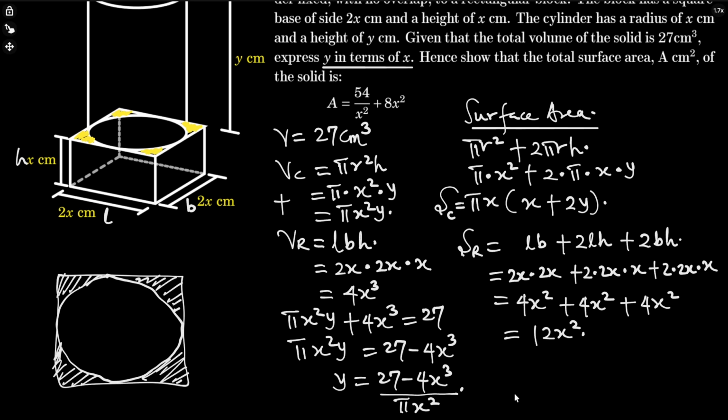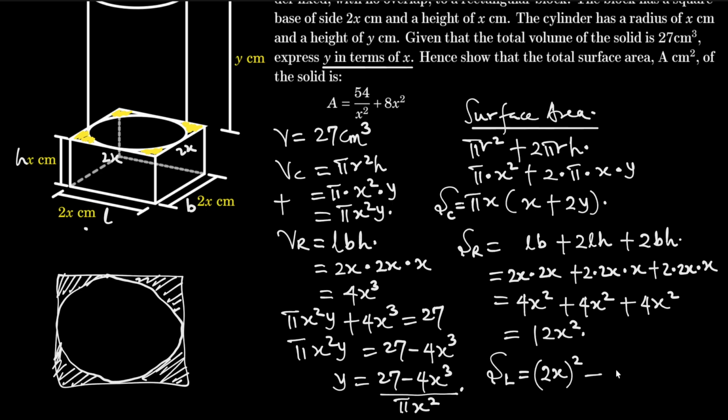So the surface area of the leftover is going to be the area of the square, which is 2x all squared. Remember that the 2x that you have here is the same that we have here, and the one here is the same that we have here. So that's how it works.